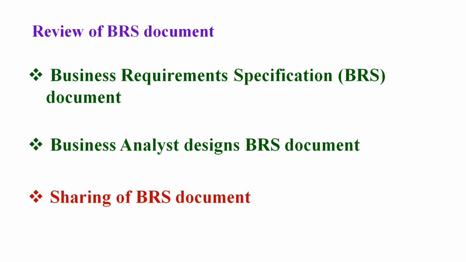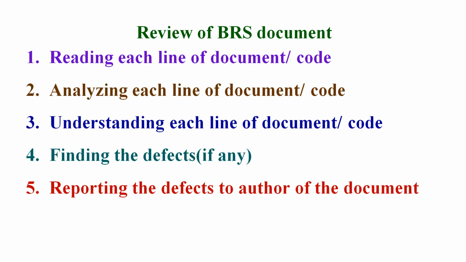Now, see, what are the different steps in the reviewing of the BRS document, or any other document, or maybe a code? These are the different steps of the review process.